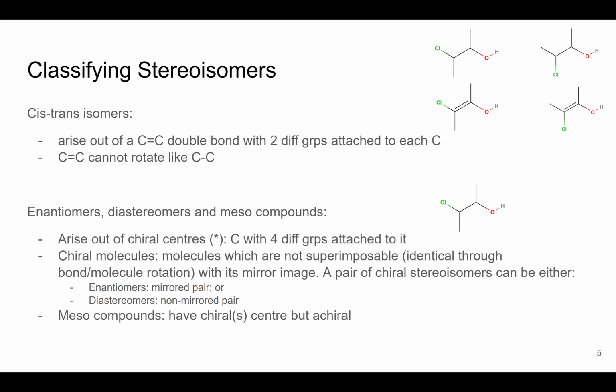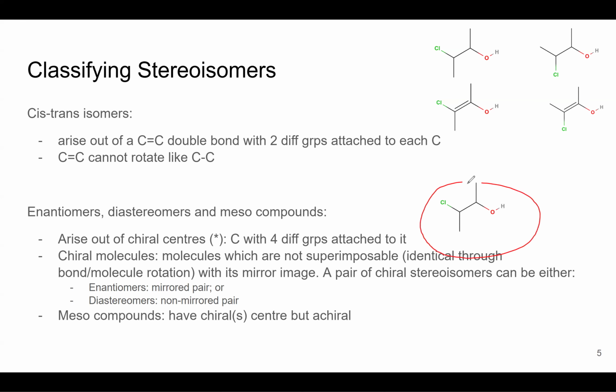So their mirror images are superimposable upon each other without having to break any of the bonds. So they're superimposable upon each other through single bond rotation. Okay, so I understand that these concepts might sound huge right now, but we're going to demonstrate them soon with some examples, so don't worry about that.